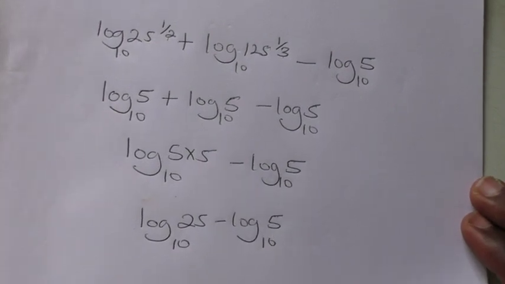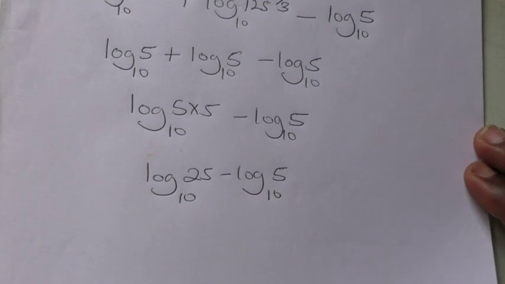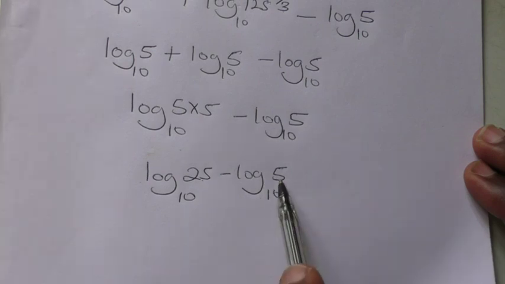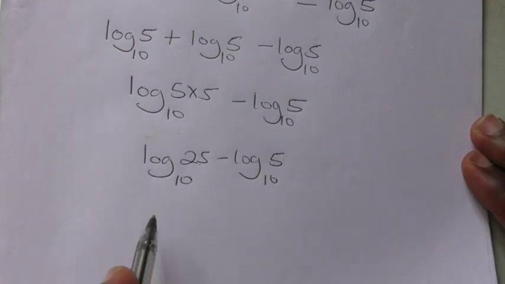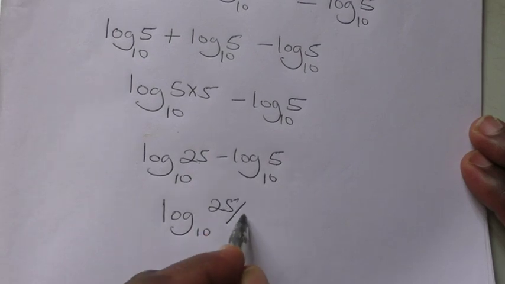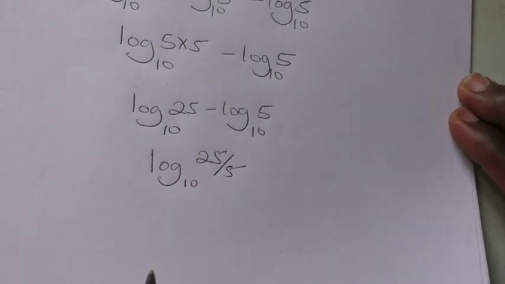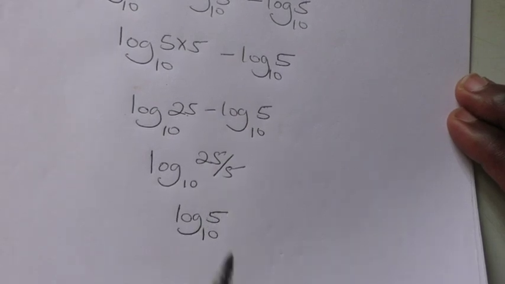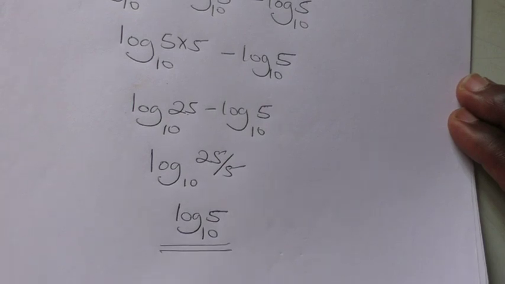And then with the subtraction, we divide the first power by the second power. So that gives us log 10 25 divided by 5, hence giving us log 10 power 5 as our final answer.